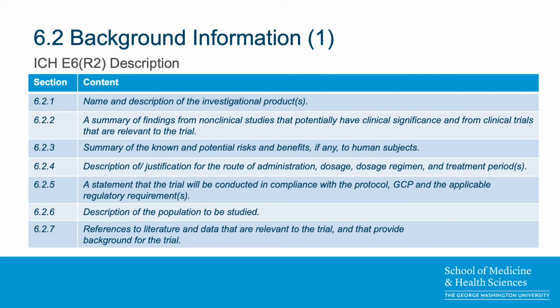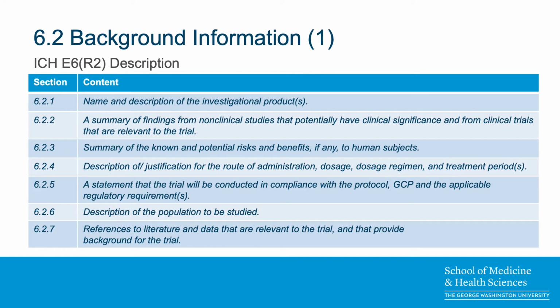What they list here are a description of the product and findings from non-clinical studies or clinical studies that are relevant to this particular study, a summary of the risks, and if any benefits are known at the time the protocol is drafted, they should be included.